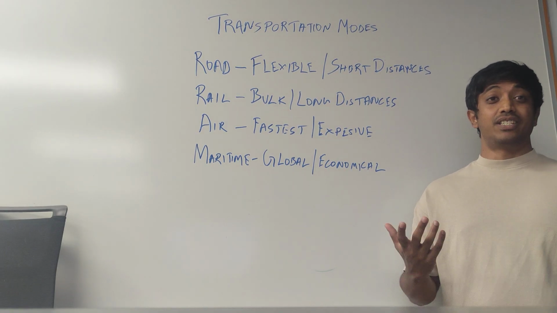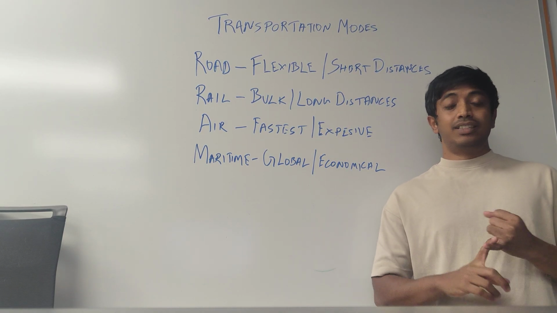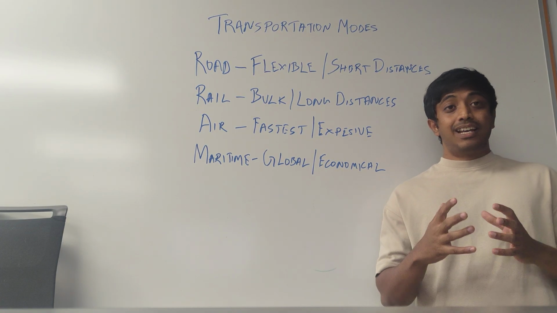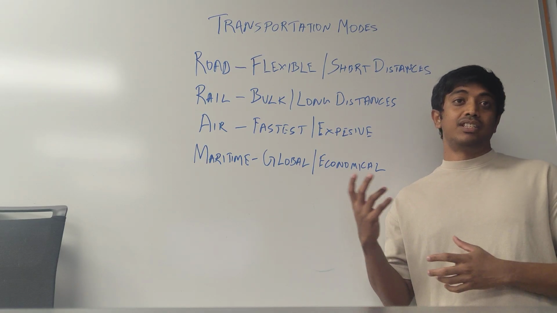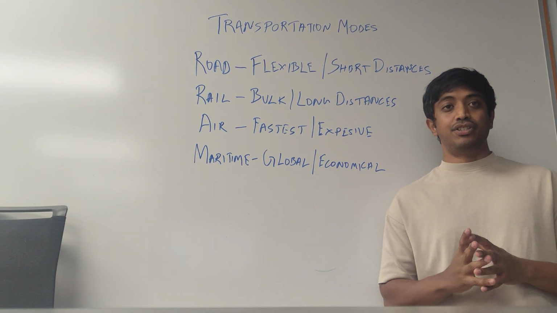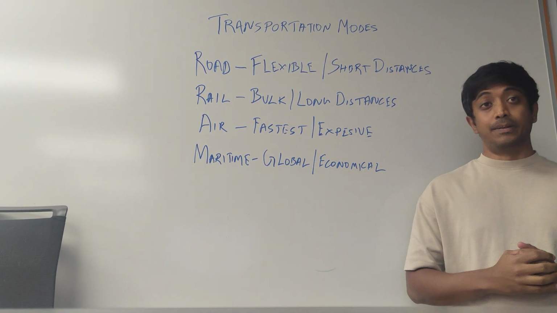It is very expensive compared to other modes of transportation, because it has fuel costs and airplane maintenance costs. You cannot send hazardous materials, and the cargo has some limitations as to what you can send on an airplane.